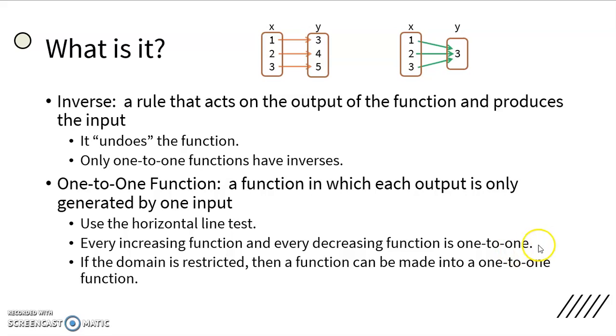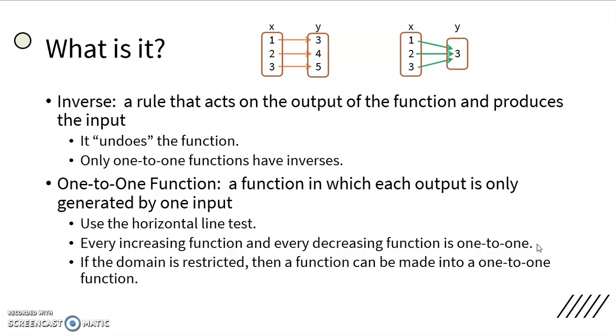If a function is only ever increasing or only ever decreasing, then that makes it one-to-one. So you don't have to worry about it if you know it's always going to increase or always going to decrease. And if you have a function that's not one-to-one, sometimes we can restrict the domain and say, just look at the positive x values, or just look at the negative x values, or just look at the x values from 1 to 2.